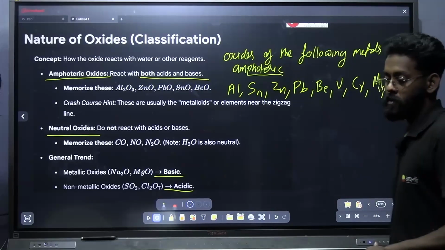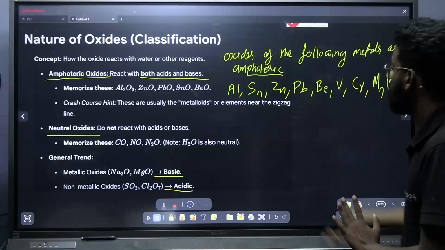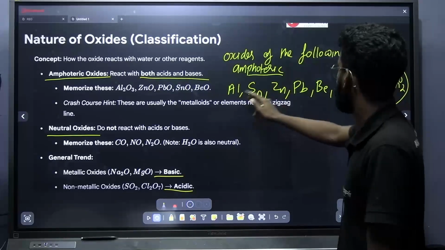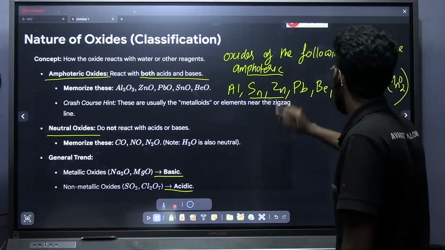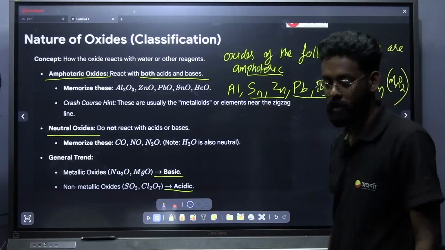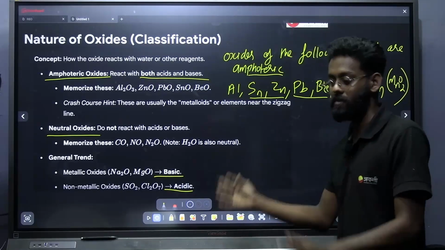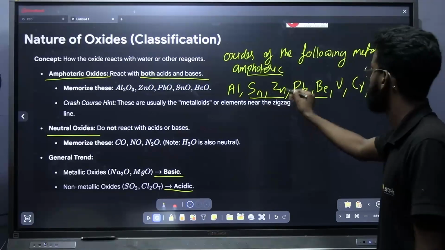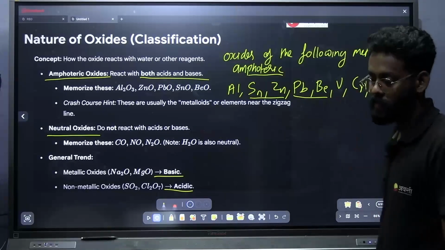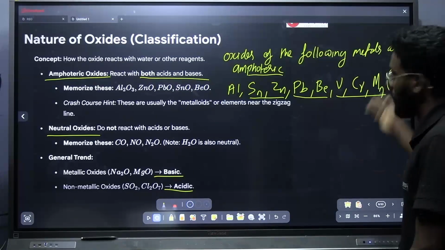How can you remember it? You can remember it by using a mnemonic. Aluminium, Sn, Zn, Pb. You can remember it like "Alison Pabe". Imagine there is some person called Alison Pabe. Aluminium, Sn, Zn, Pb, and "Vicrumen": vanadium, chromium, manganese.